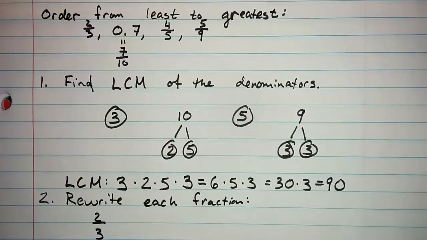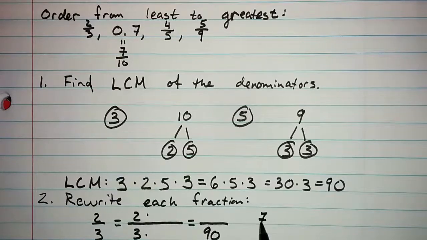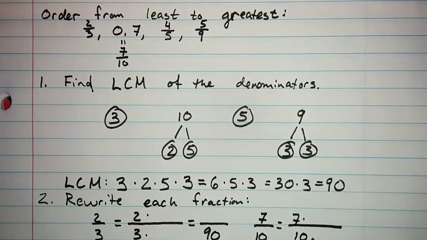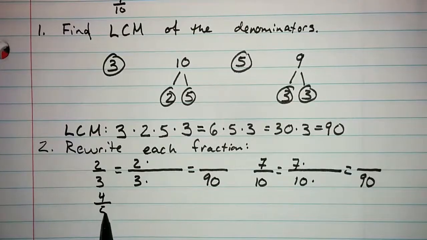I have 2/3. That'll be 2 times something over 3 times something will be some number of 90ths. 7/10. That'll be 7 times something over 10 times something will be some number of 90ths. 4/5.